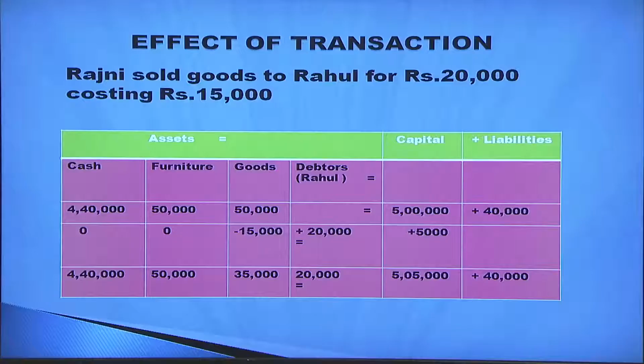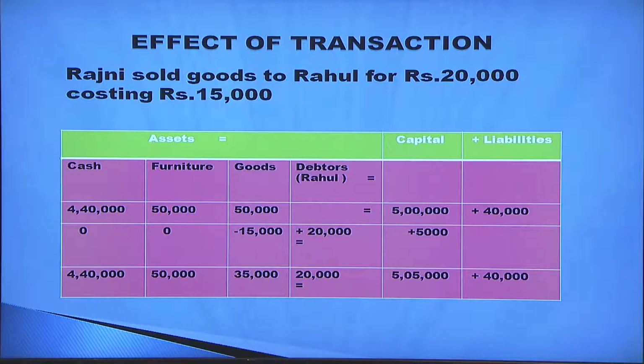And selling price 20,000, cost price 15,000. Selling price is more than the cost price. By how much amount is it more? 20,000 minus 15,000 is 5,000. So, that is a gain. Plus 5,000 is added with capital.